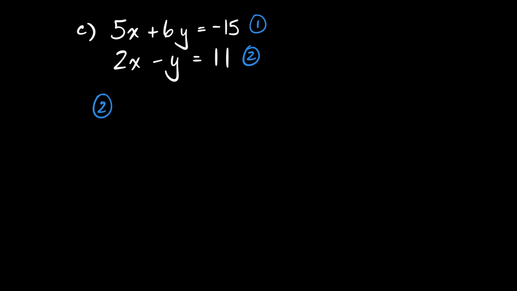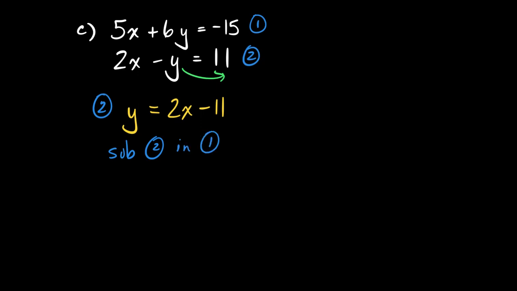I've got the same issue, so I'm going to think about that y coming over to the other side. That means the y will be all by itself if I get rid of that 11, which means I have to subtract 11. Now that my y is all by itself, I can sub that equation, which was equation 2, into the other equation, which is equation 1.